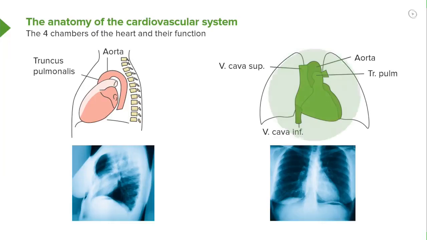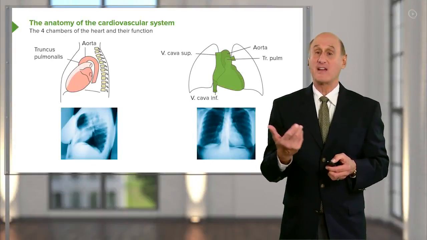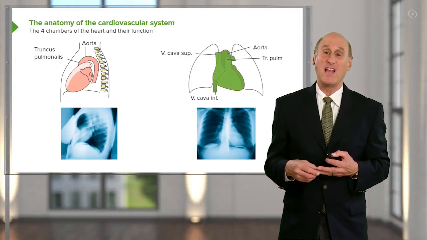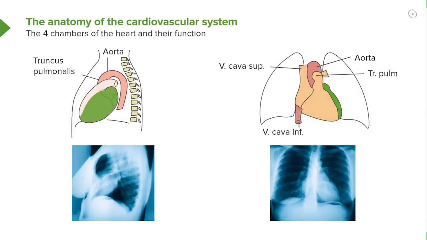First of all, again, notice that the heart is not in the center of the chest, but in fact is a little bit more in the left chest than the right chest. And the bulge that you see down in the left chest is actually the left ventricular outline. If you want to see the right ventricle, you have to look at the lateral view, and you see it in front of the left ventricle.